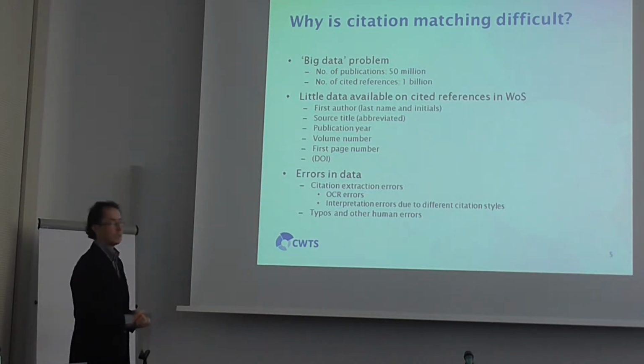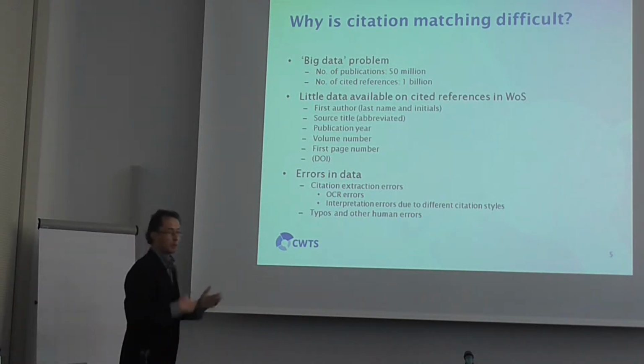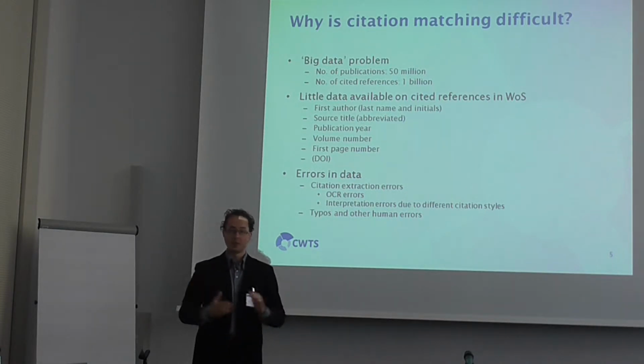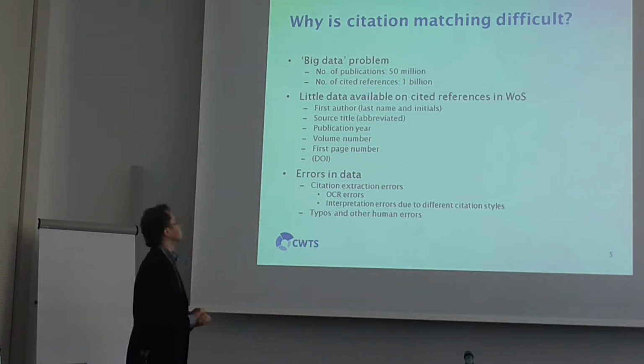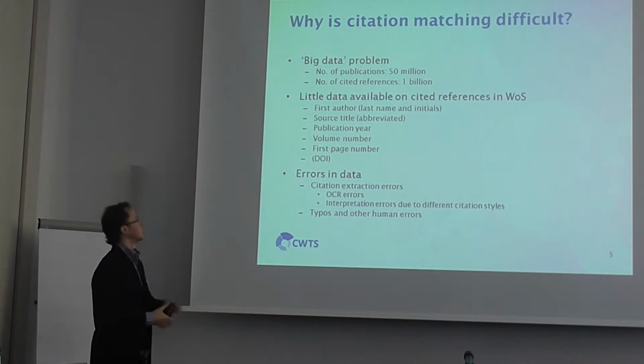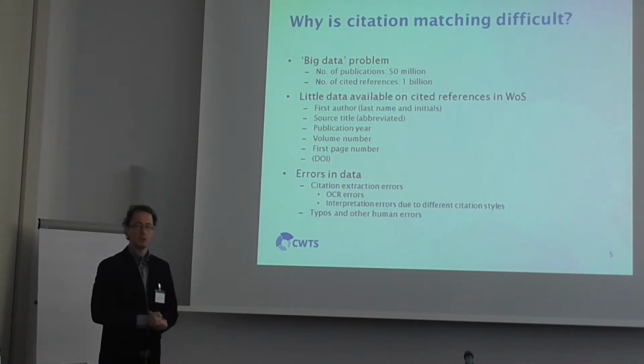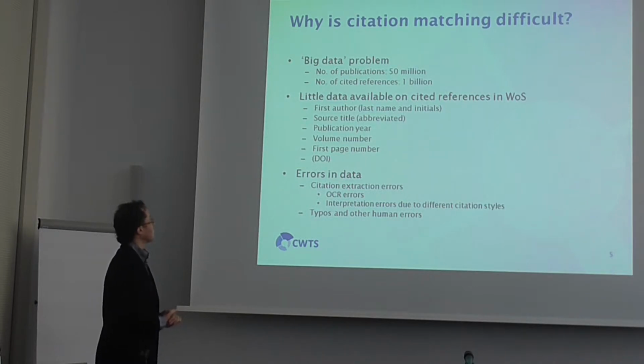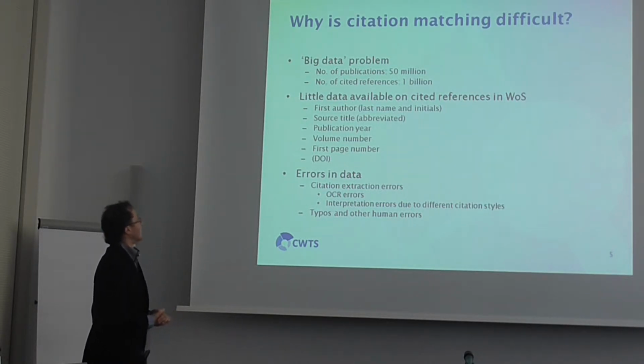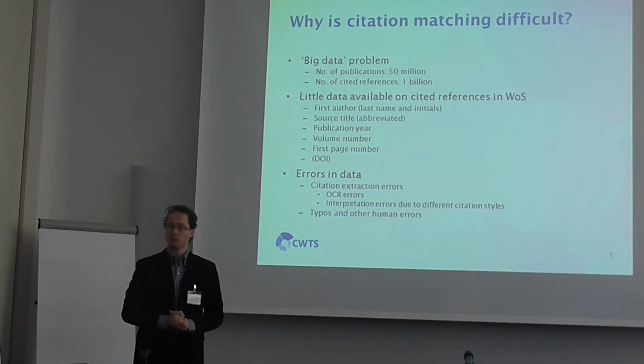And why is citation matching difficult? First of all, we are dealing with big data: large numbers of publications and large numbers of cited references. In Web of Science we have about 50 million publications available and 1 billion cited references. And in the Web of Science database there is little information available about the cited references.